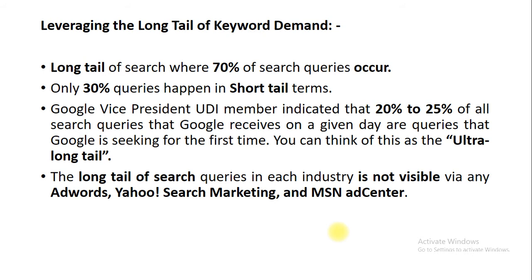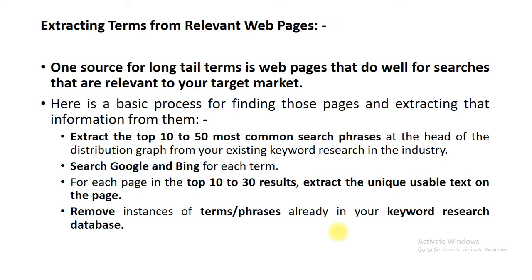MSN adCenter. Remember one thing: all three types of search engines provide only the list of short tail queries, but you will not get any analysis performed on the long tail search. Extracting terms from relevant web pages.